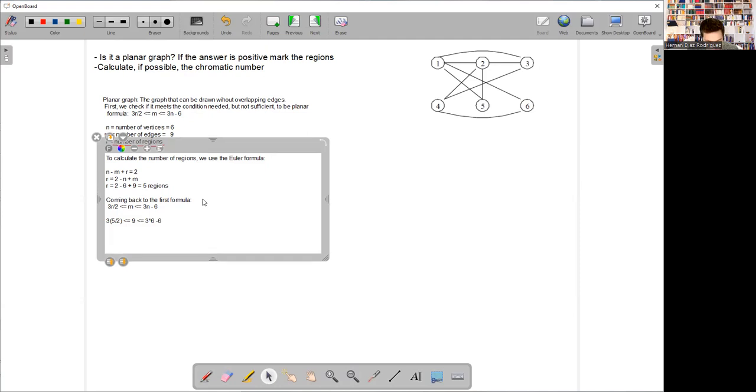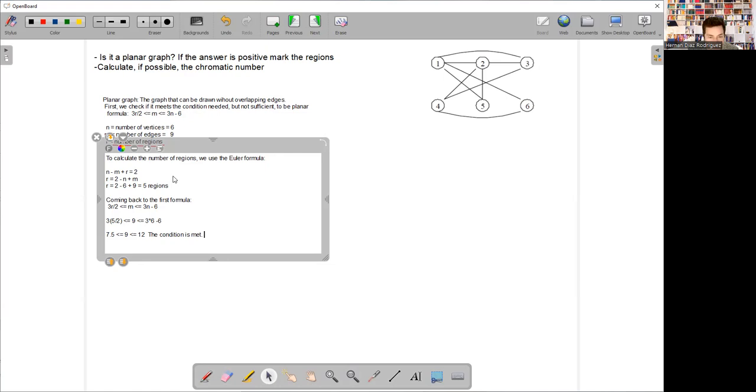And at the end, this is 7.5 less equals 9 less equals 12, right? So the condition is met. As you can see, 7.5 is lower than 9, which is lower than 12.